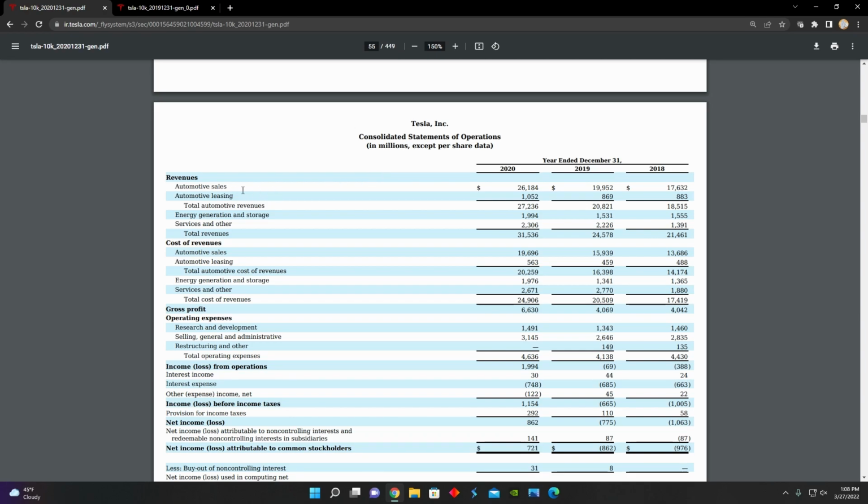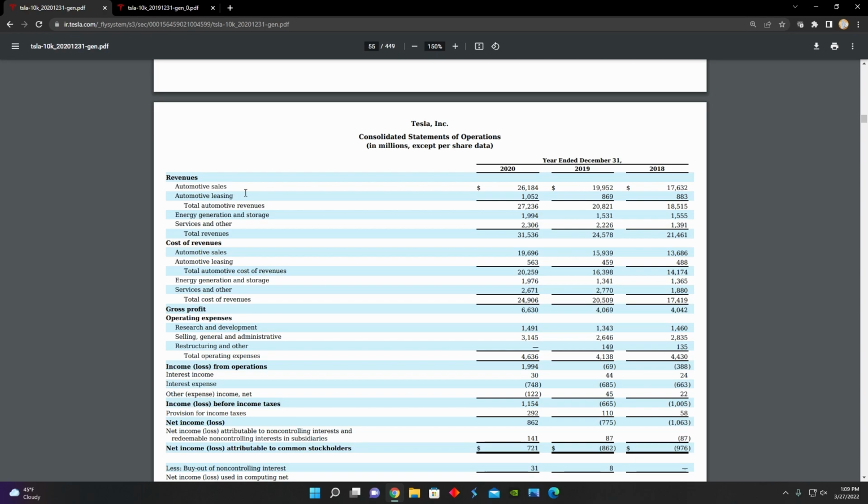The next line items we see are automotive sales, automotive leasing, and total automotive revenues. I'm not going to get into too much detail because I did an intrinsic value analysis of Tesla in the past where I talked about these different things, and this video is more focused on breaking down an income statement from an accounting-based perspective.